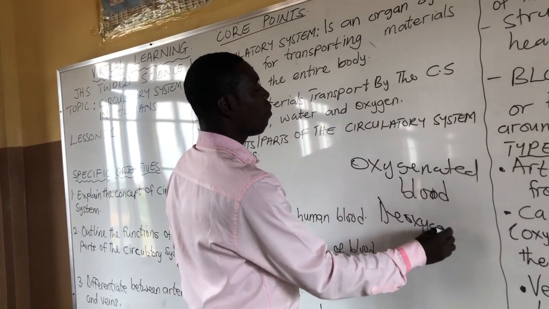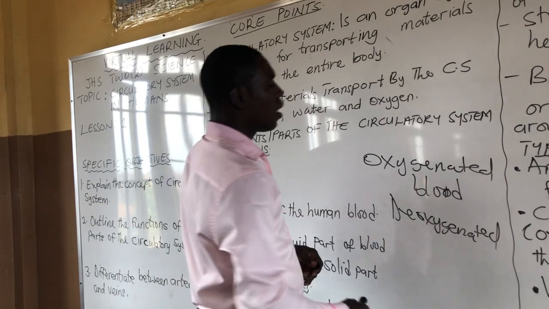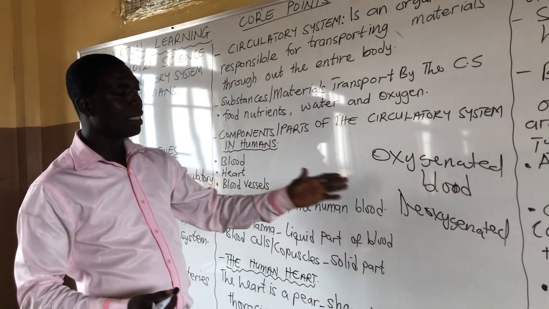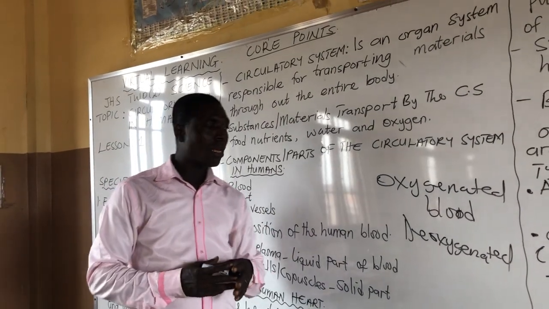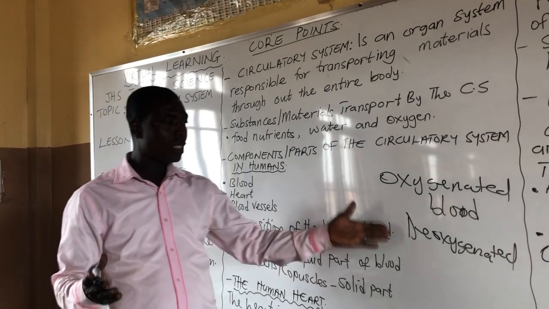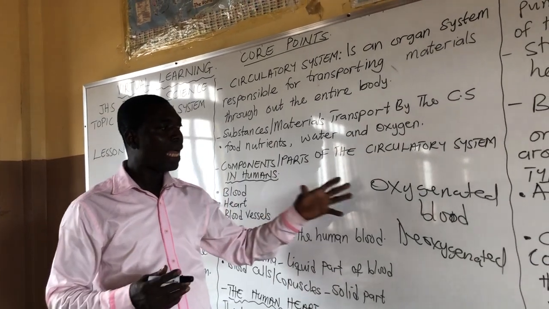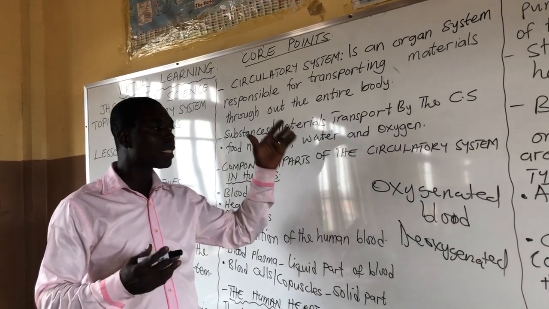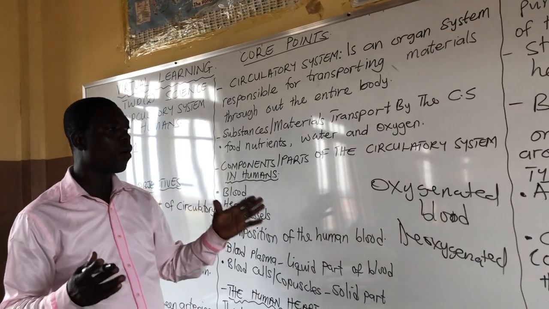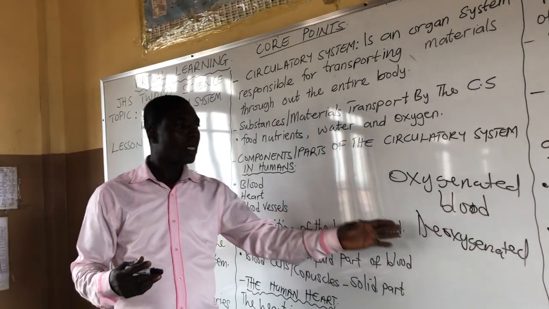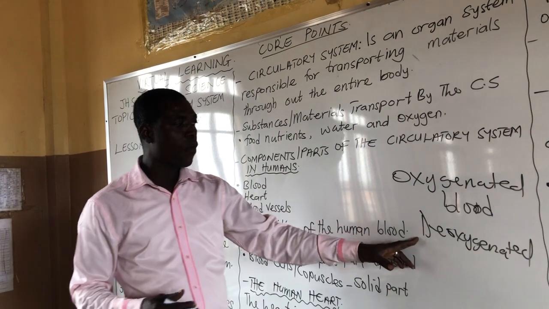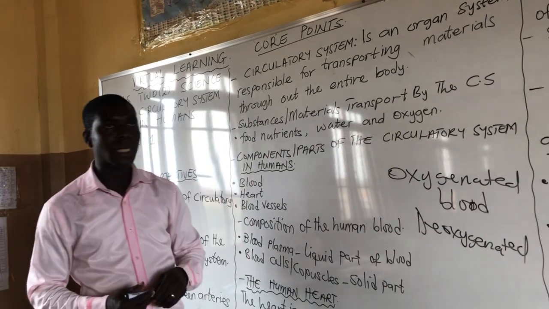Deoxygenated blood means that the oxygen is not present here, but the oxygenated blood is rich in oxygen or air. So this is what the veins transport, and this is what the arteries transport.